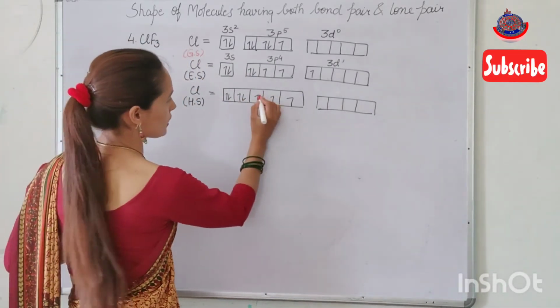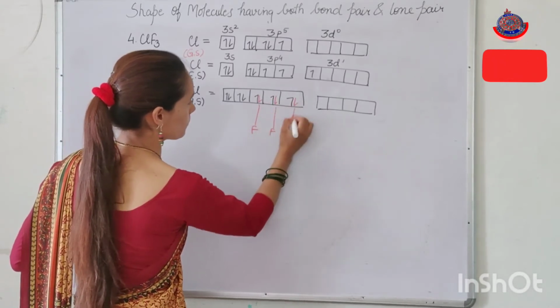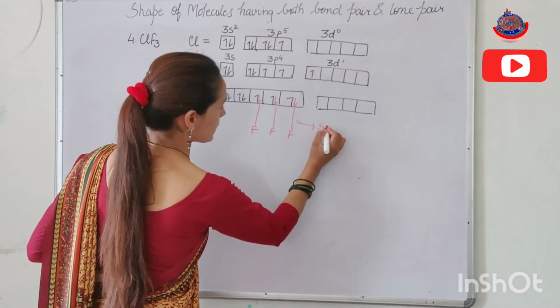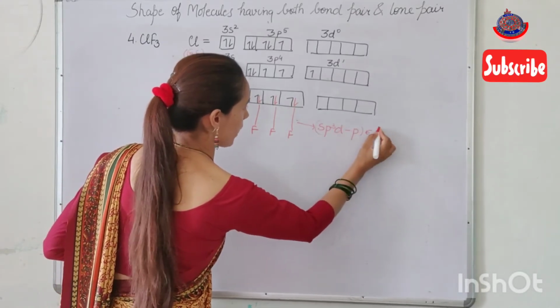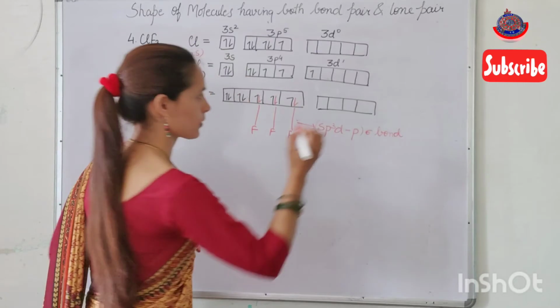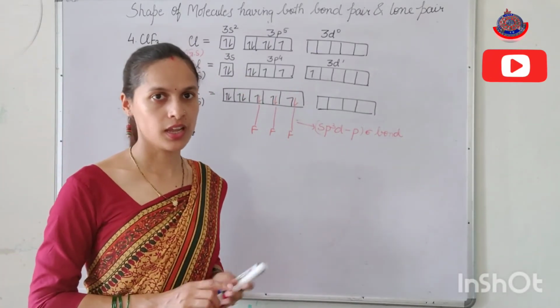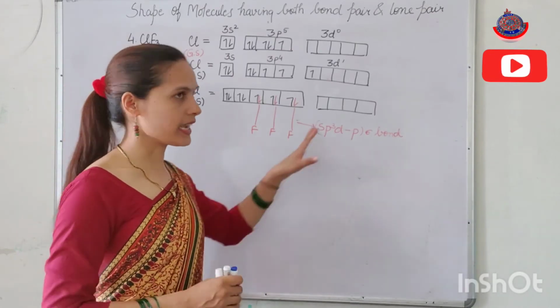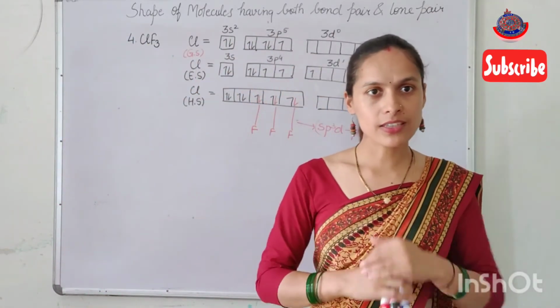Now with these 3, the fluorine will combine to form sp3d p sigma bonds, because this is sp3d hybridization. Now if we talk about shape, again sp3d means trigonal bipyramidal, difference in bond angle.